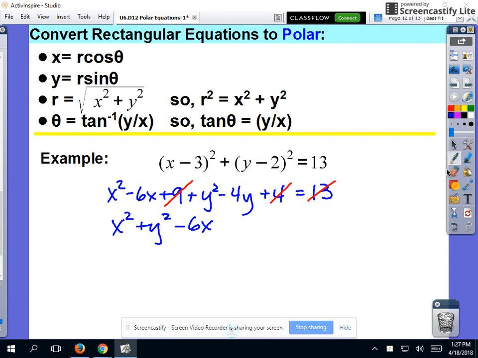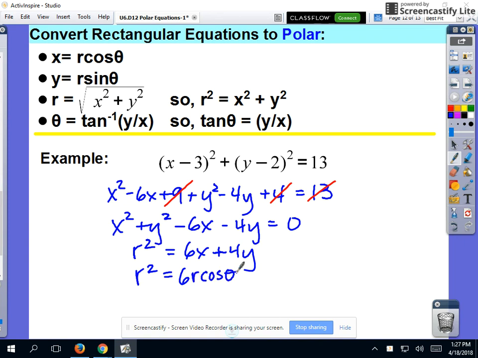And then minus 6x minus 4y equals 0. Pretty sure that's right. Yes. Okay. So now we have r squared is this. I'm going to move this guy over. 6x plus 4y. Replace x and y with what we're given.